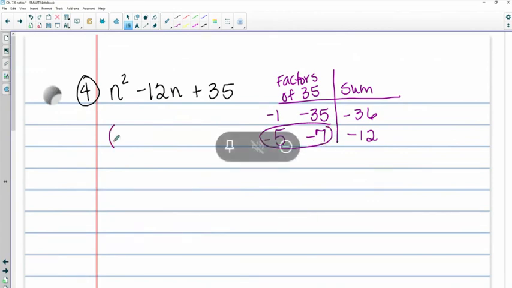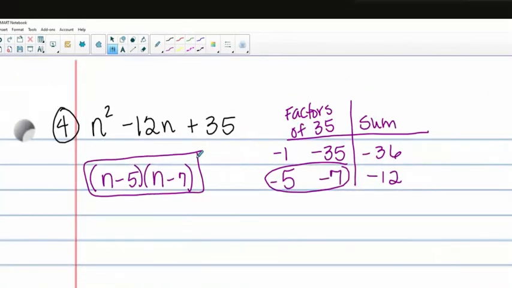That means n minus 5 times n minus 7. Okay. Any questions here? So everybody's doing okay so far? That's good. Okay.